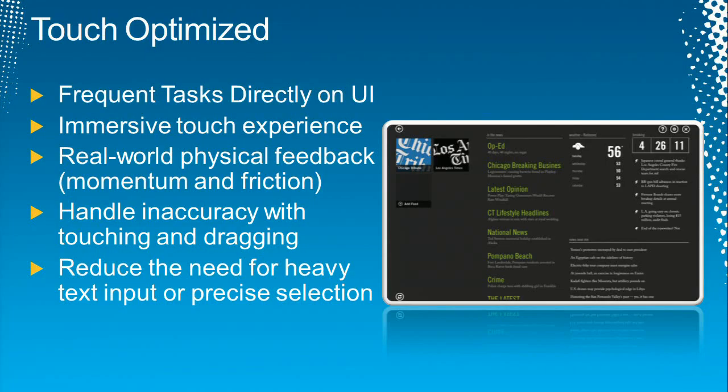And then think about things like what happens if I'm dragging or I'm clicking and there's some inaccuracy, and be resilient to that so that the user doesn't get frustrated with the touch. So that's touch optimized.